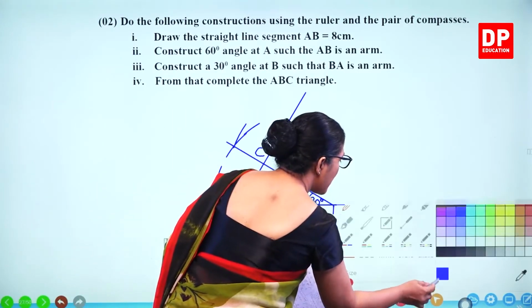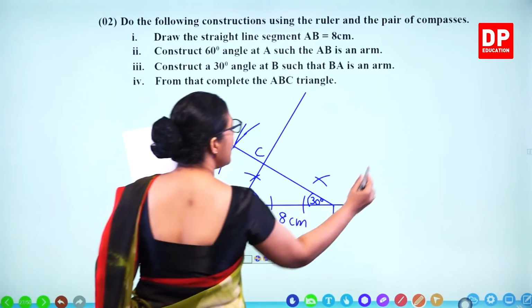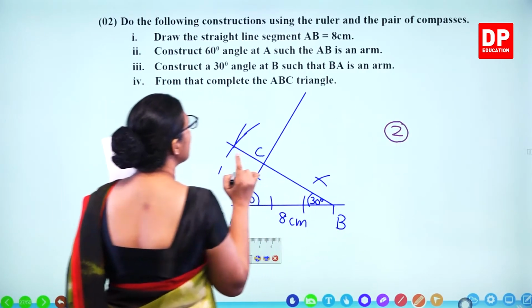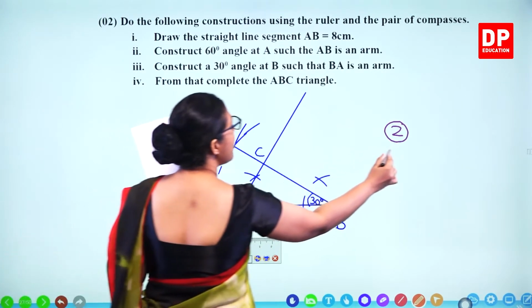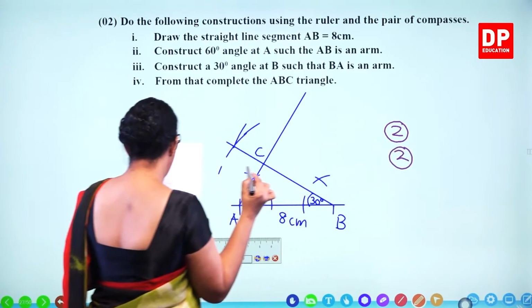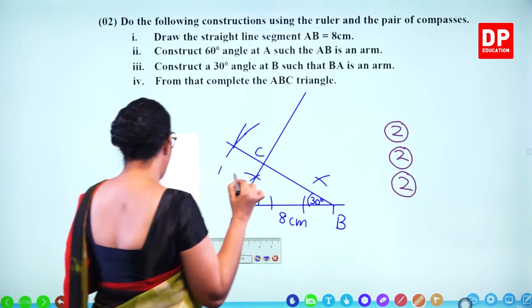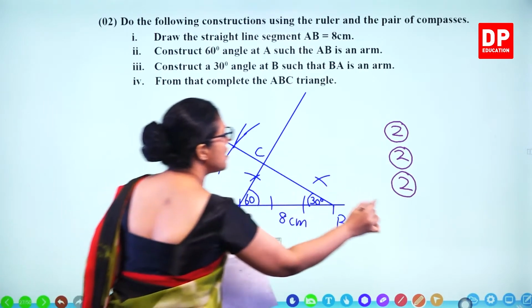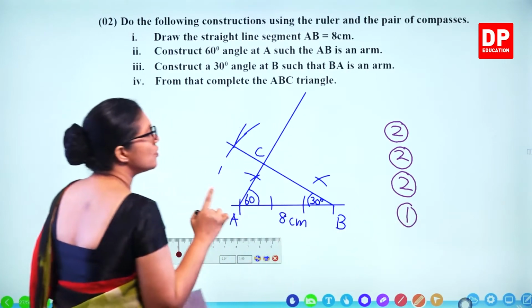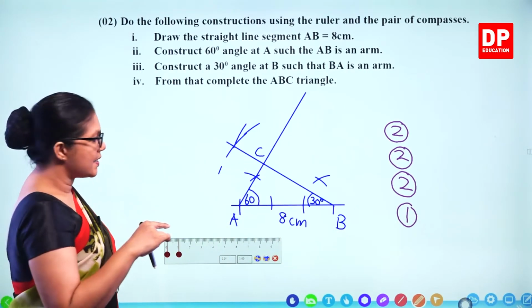So, for this step, drawing the line AB, you get 2 marks, line segment. And then drawing 60-degree angle, 2 marks. And drawing 30-degree angle, 2 marks. And marking the C point, 1 mark. So, 7 marks for these 4 steps.